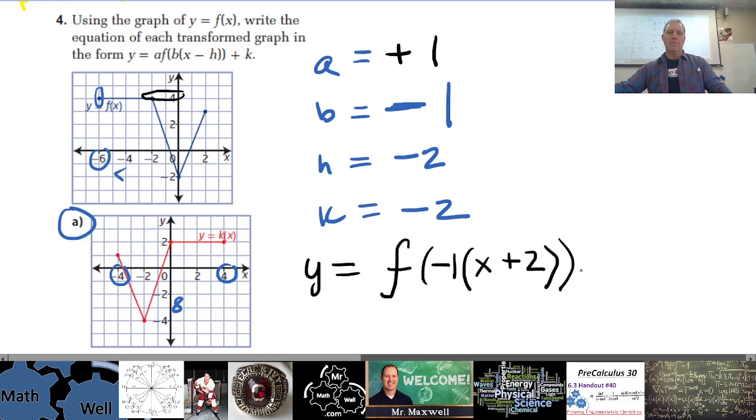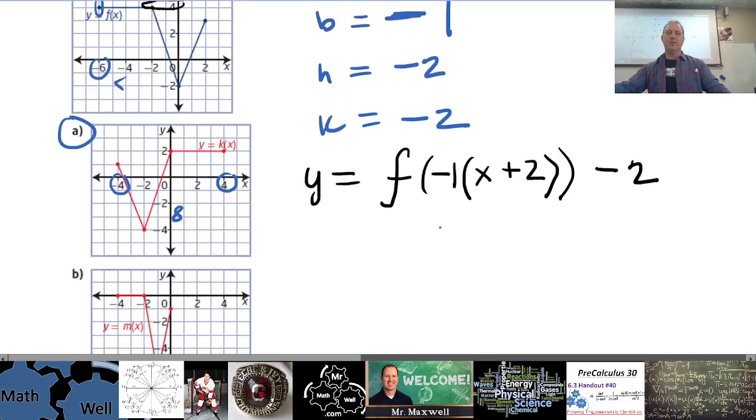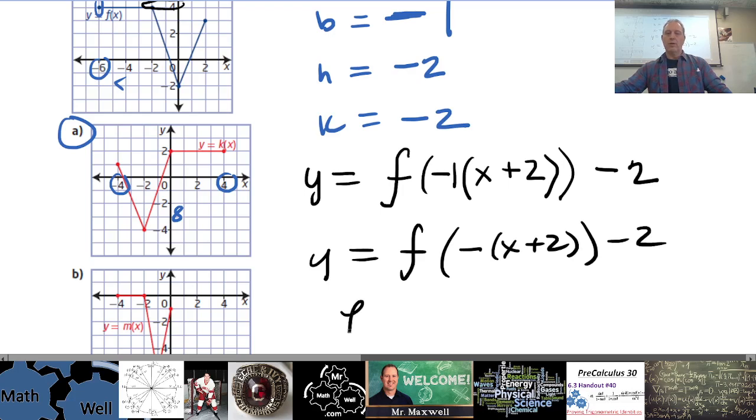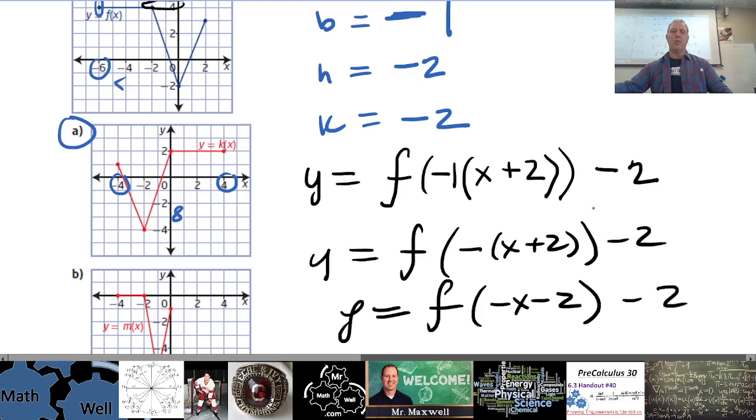Okay. And then outside we have -2. That's totally fine for you to write it like that. If you don't like this -1 in there, which a lot of times we don't have, you could write it like this, negative bracket, like that. Or you could really just simplify this and go -x -2, with no secondary brackets, if you want. Any of those 3 are great.